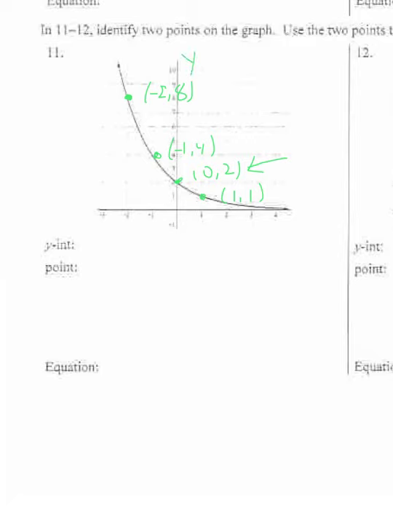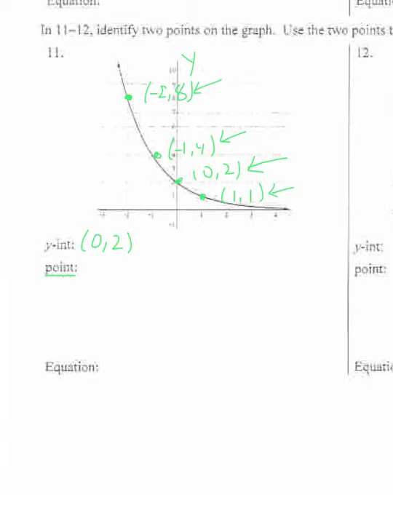So the y-intercept is where it crosses the y-axis, so that's going to be 0, 2. And then it says point right here. So that means we can choose any point on the graph. It doesn't matter what point you choose. I put these 3 points, 1, 1, negative 1, 4, and negative 2, 8, because all those points lie on corners of those little squares on the graph.